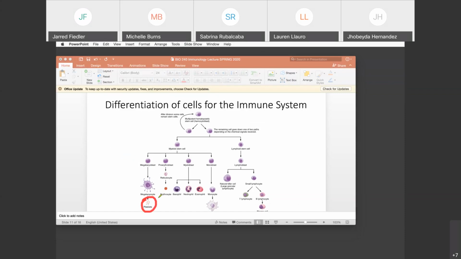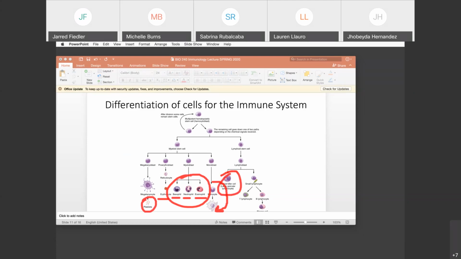Platelets, red blood cells, some basophils, neutrophils, eosinophils. These are types of leukocytes. They also have monocytes, which will become macrophages. Then, of course, you have the lymphoid stem cells, which then become natural killer cells.